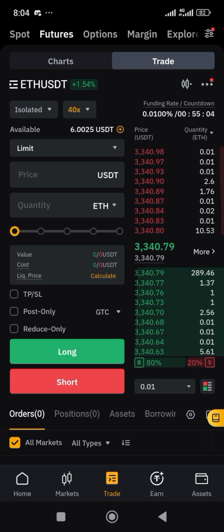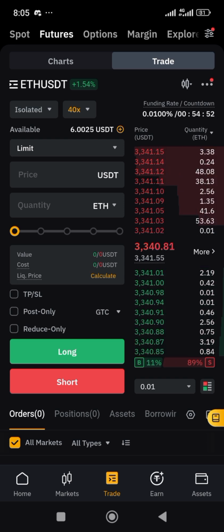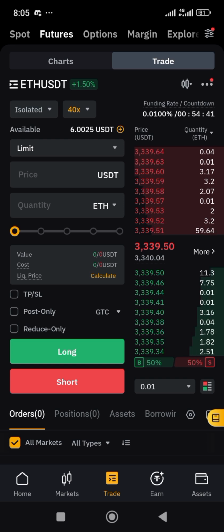So once you get here, now let's look at this interface, what it means. See, I was saying something earlier on. See long, see short. Okay, long means you should buy, short means you should sell. Now long means when you predict that the market is going up, when you predict that prices will be going up, you long, as in you buy.